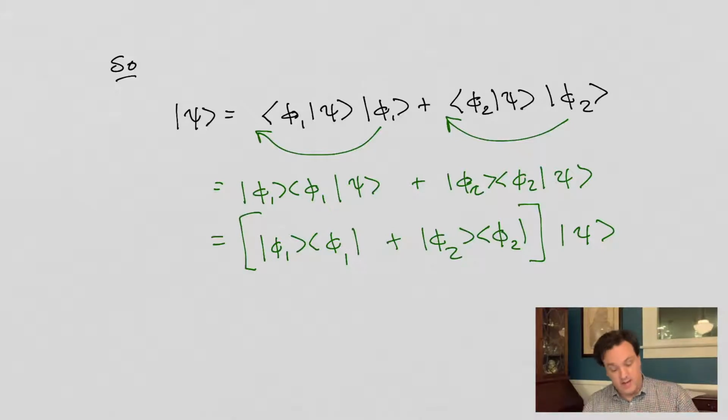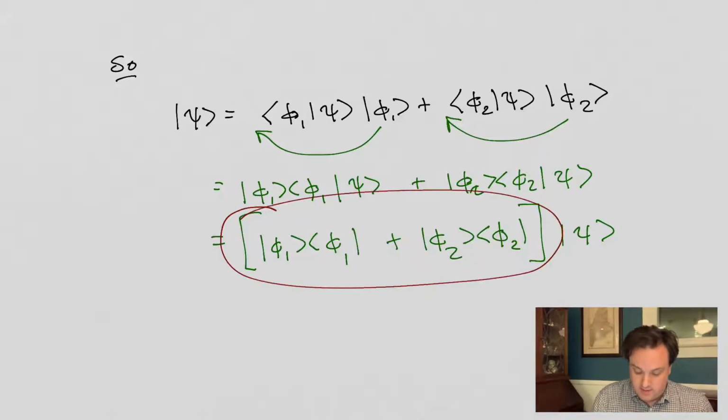Now I can take my state out and eliminate it from this expression, and I get this beautiful thing that I've written in brackets here. If you look at this thing in brackets, you say, those are not inner products. Neither of those terms is a scalar. This thing in the brackets is not a number. It's not an inner product. In fact, it's a matrix, right?